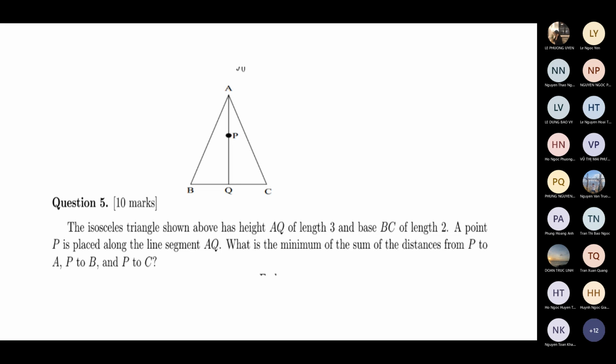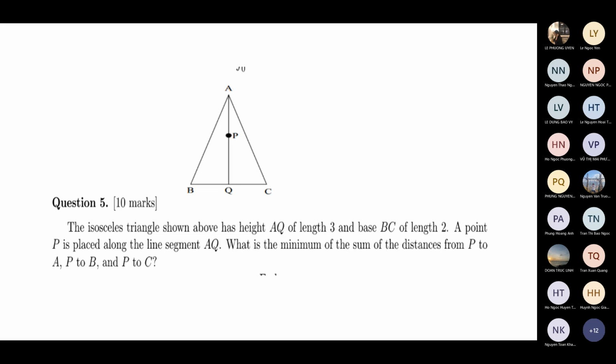So, for example, we introduce a new variable x equal PA. And then we can represent PB and PC in terms of x. It also means PB, PC is a function of x.